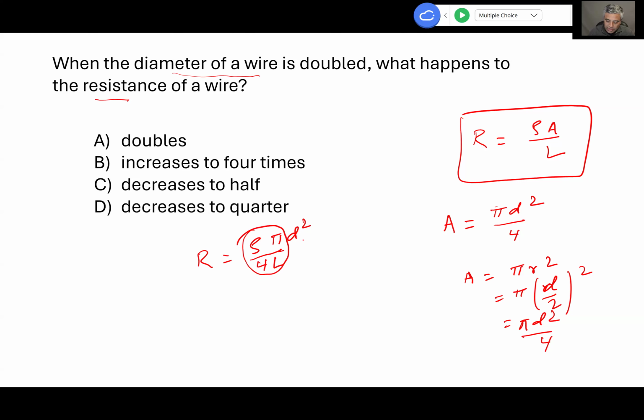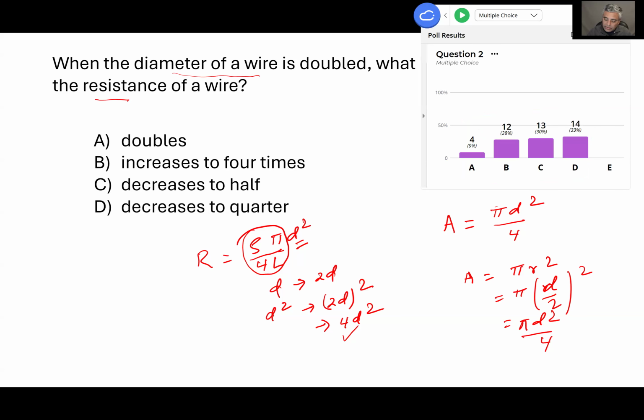These things we're not changing, we are just changing this. So when d goes to 2d, d squared goes to 2d squared, which basically picks up this factor of 4. So that means it increases by 4. So B is the correct answer.